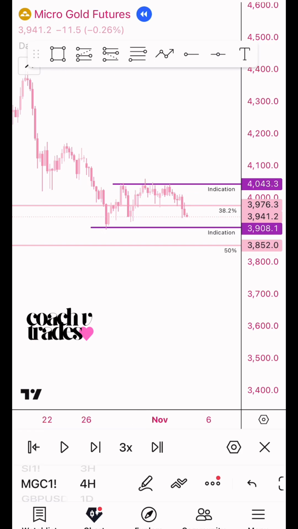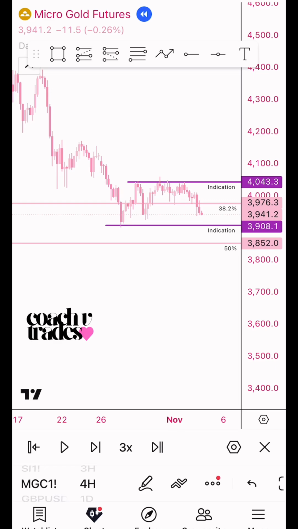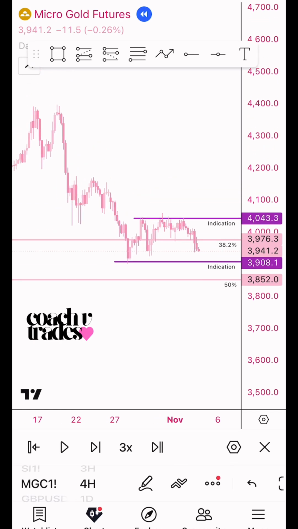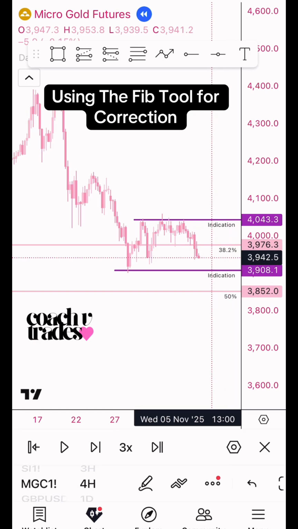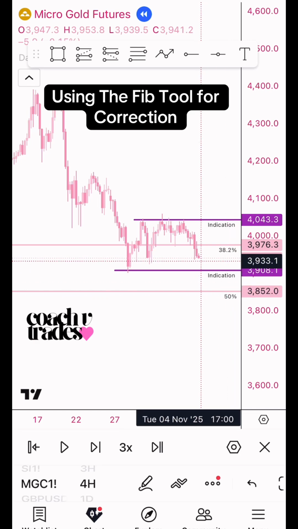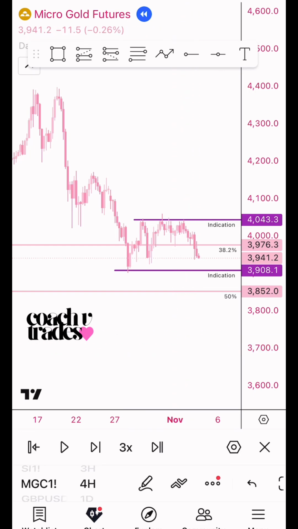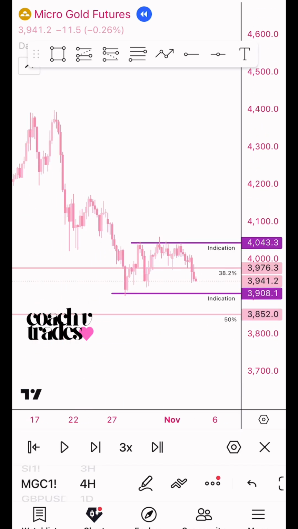Why are these indications? Because that's letting us know that if price ever broke these levels, then it's going to go the direction it wants to go. So if it indicates that it wants to go further down, it could go further down here, or it can go further down and hit one of our other levels, right?